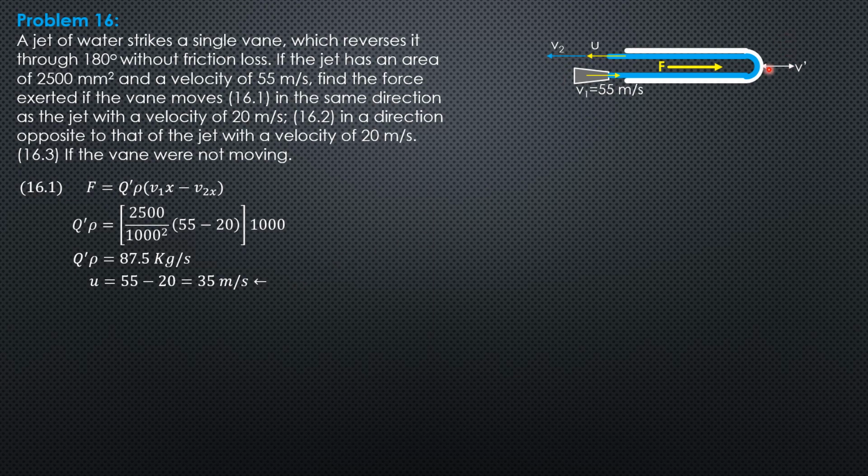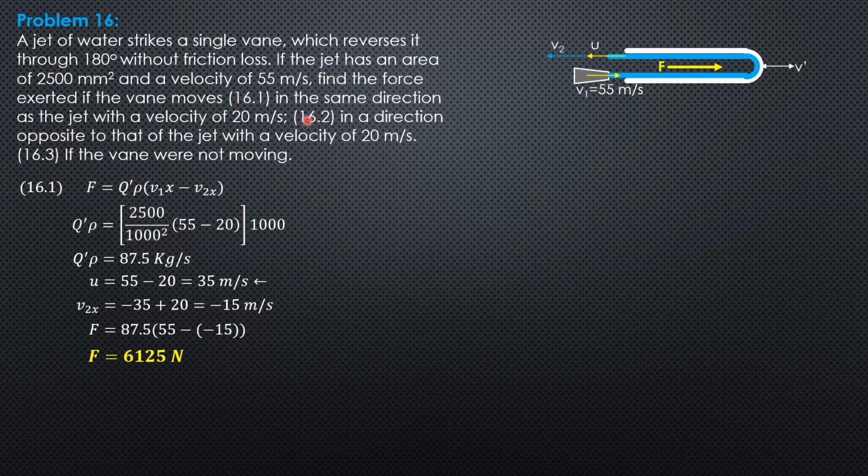Then because there is V prime rightward, V2x would be negative 35 plus 20, so V2 is negative 15 meters per second. Substitute. F equals 87.5 times the quantity 55 minus negative 15. So F is 6,125 newtons.